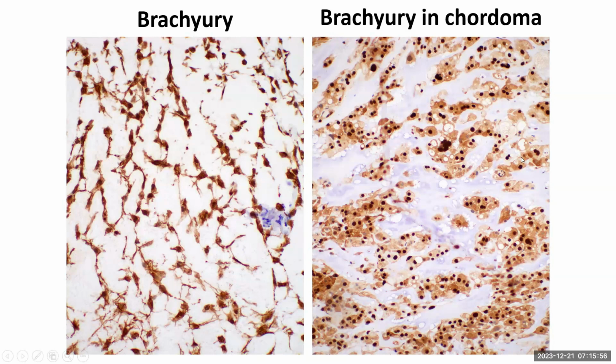Exactly. So brachyury is a specific marker for chordoma, and it revolutionized the specific diagnosis of chordoma. What you're showing me here is some very heavy background staining or cytoplasmic staining, especially of the chondrosarcoma cells.